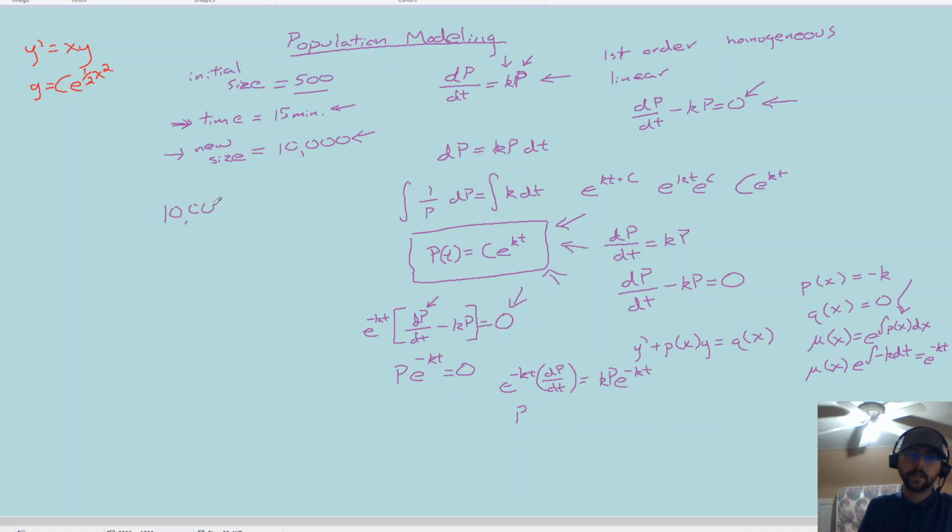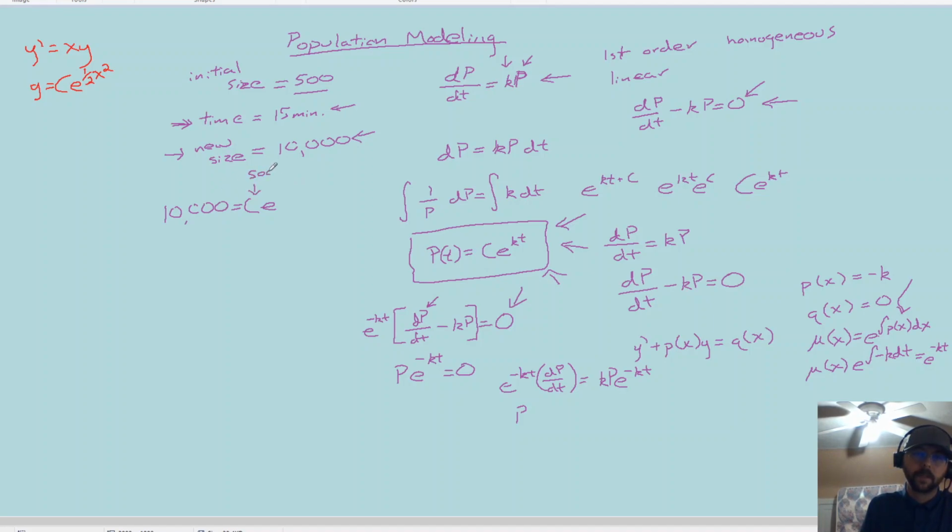So 10,000 equals C e to the, wait, we also don't know k. Our initial size is 500. I think C is supposed to be 500. Yes, C is supposed to be 500.